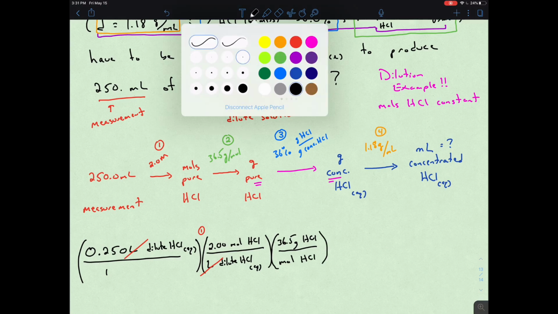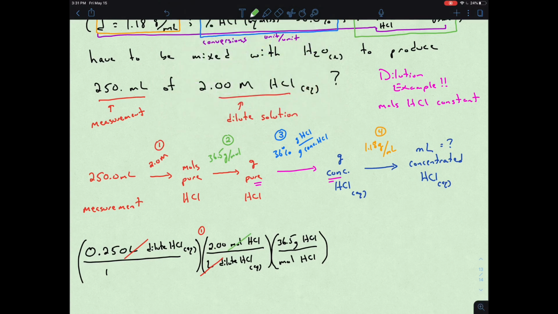So my mole value is being converted to grams of the pure HCl in this step, right? Notice that we started with dilute hydrochloric acid solution with the 0.250 liters. We then converted that into pure HCl, as far as mole value of HCl.